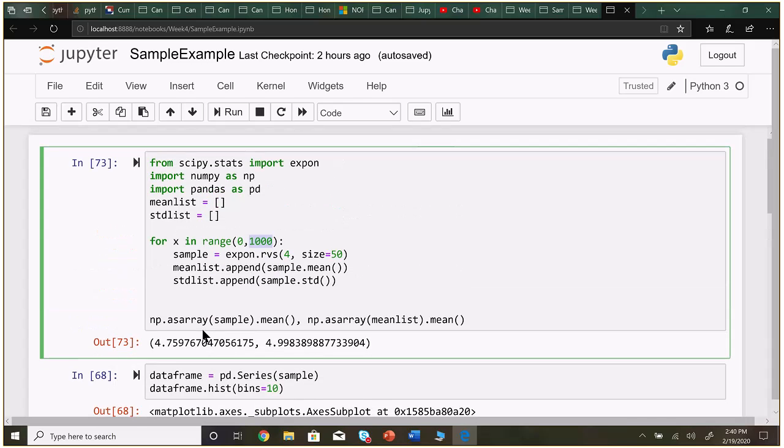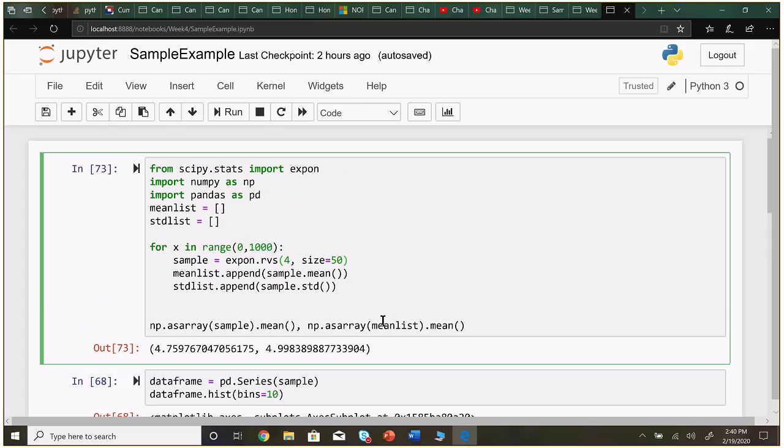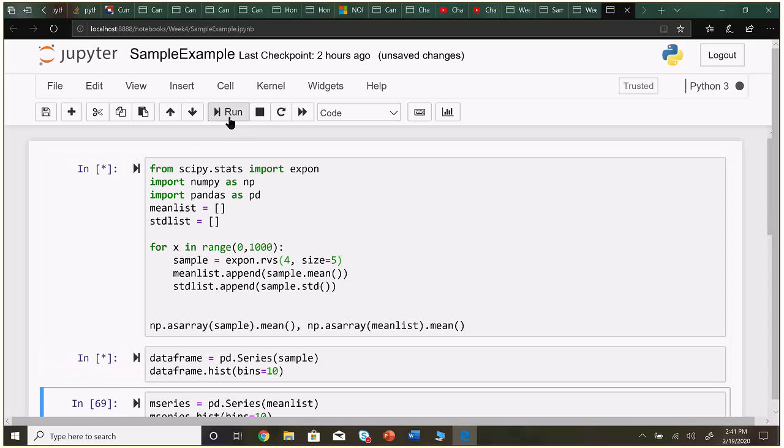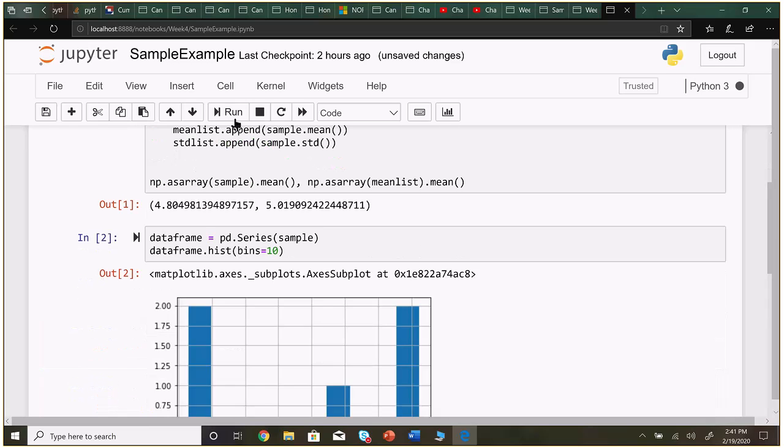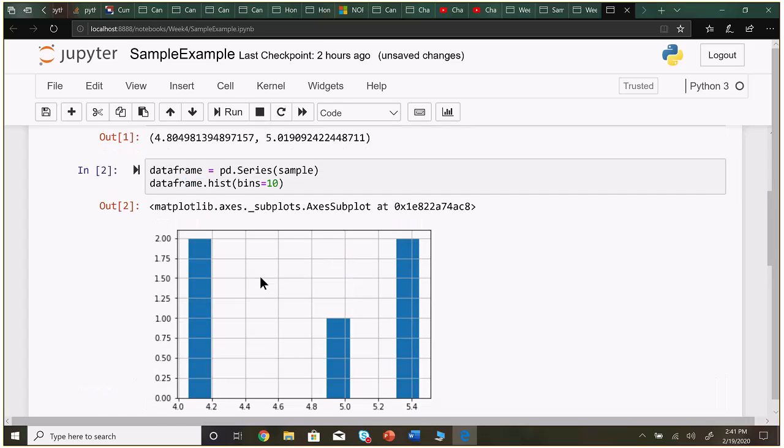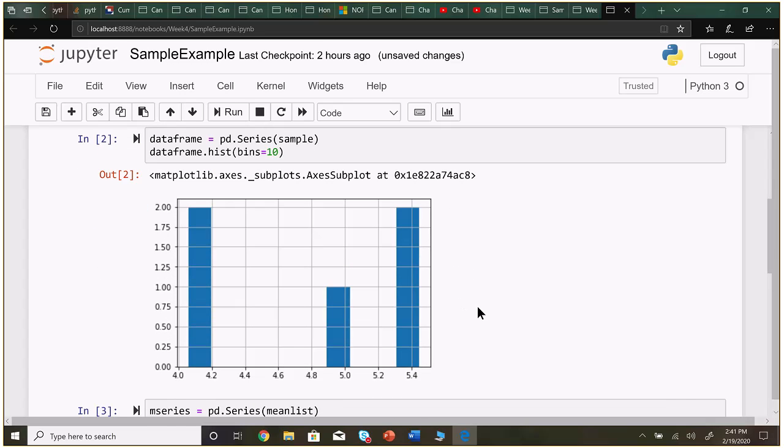I can modify one of the parameters here and say, what if I made the sample size only 5? I'm still going to take 1,000 samples, but with a sample size of 5. This is just the last sample taken.